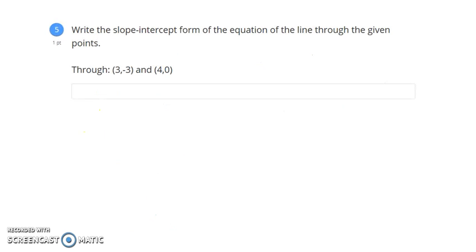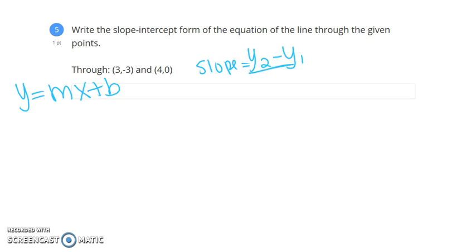Almost through here. So this is saying write the slope-intercept form of the equation of the line given through these points. In this, we have to do one additional step. We don't actually know the slope, but we can find it. I'm going to find the slope by using that formula, y2 minus y1 over x2 minus x1. So I'm going to fill this in as 0 minus -3, those were my y values, over 4 minus 3.